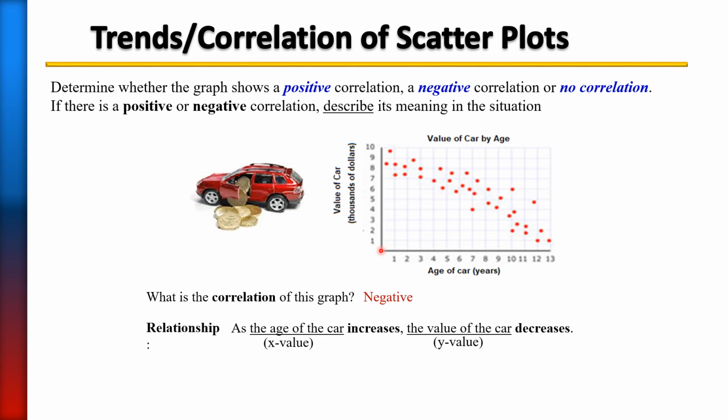The y-axis represents the value of how much your car is worth. And notice each year it goes down. So the relationship again is as the age of the car increases, the value of the car decreases.